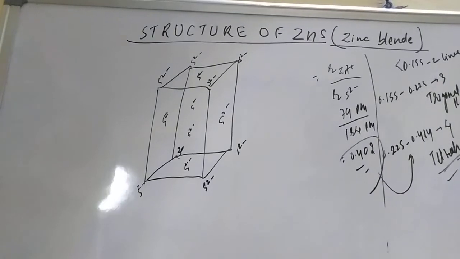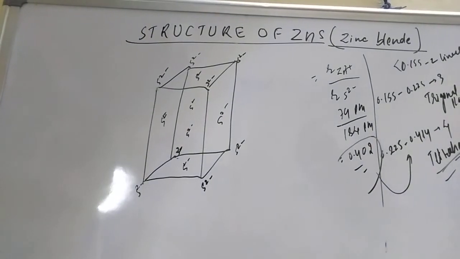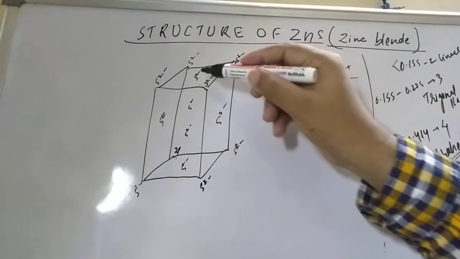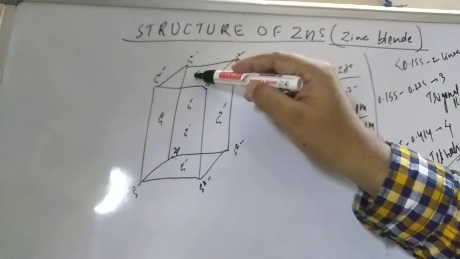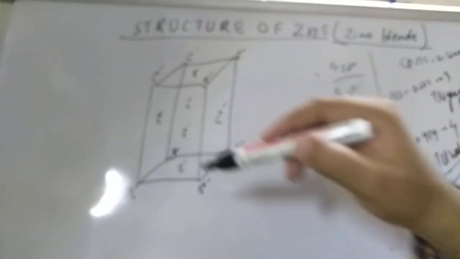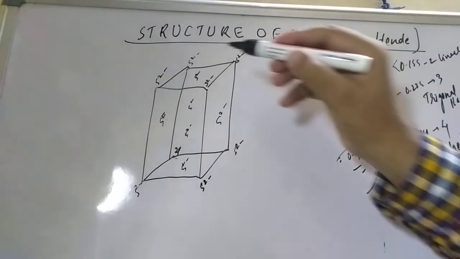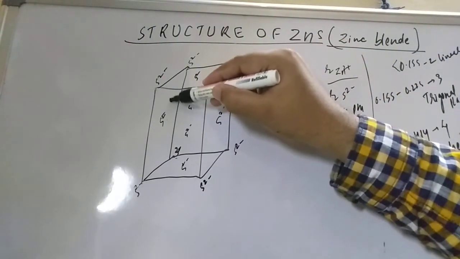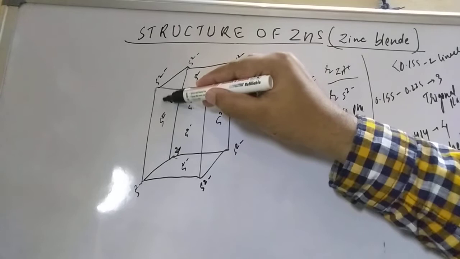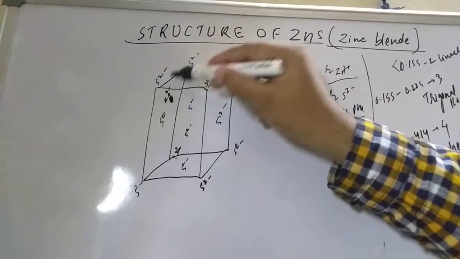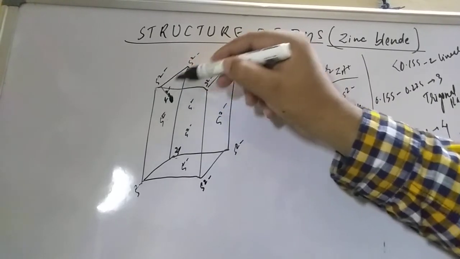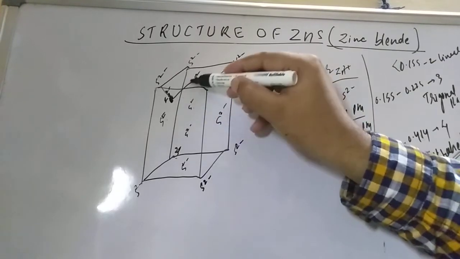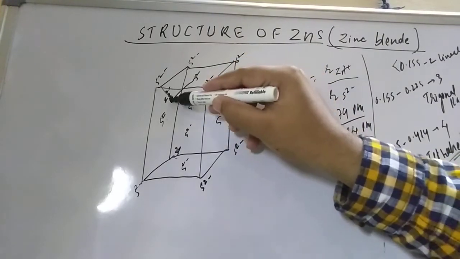Now dear friends, these are the ions, 1, 2, 3, 4, and between 4 ions there will be one tetrahedral void, and this tetrahedral void will represent Zn2+. This will be joined like this, and like this.